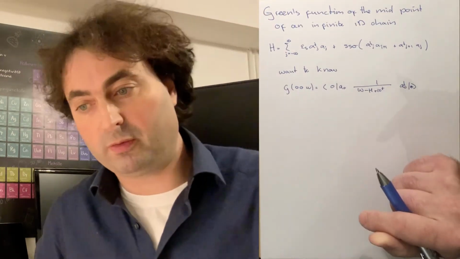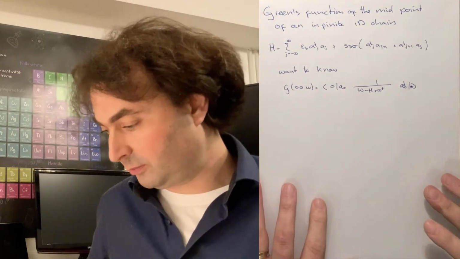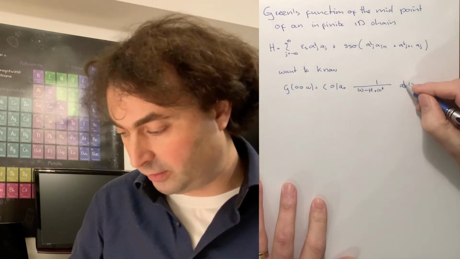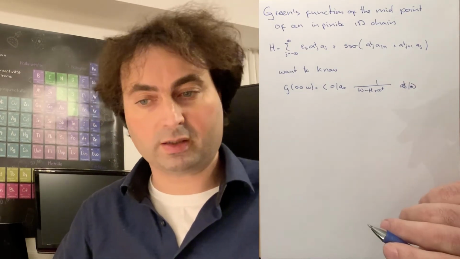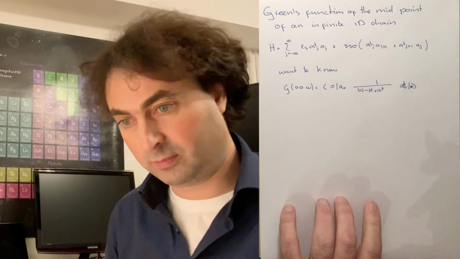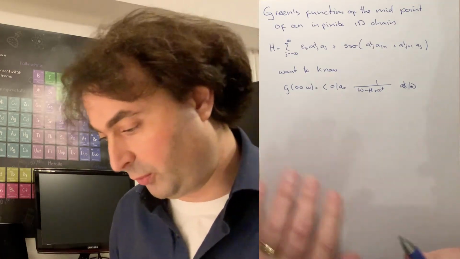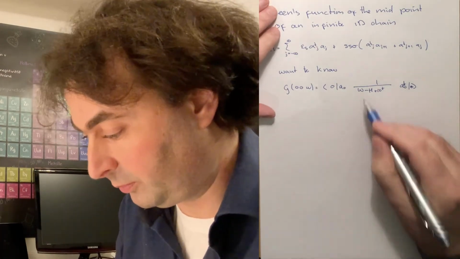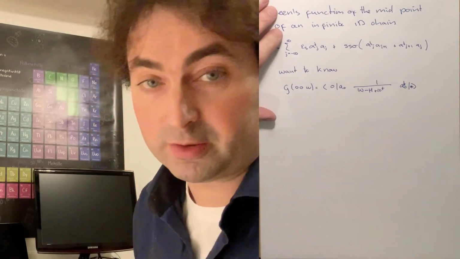So the expectation value that when you create a particle at site 0, sometime later it still sits at the same site, but now in Fourier space, so it's the Fourier transform as a function of energy.